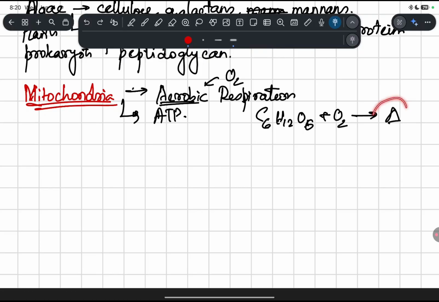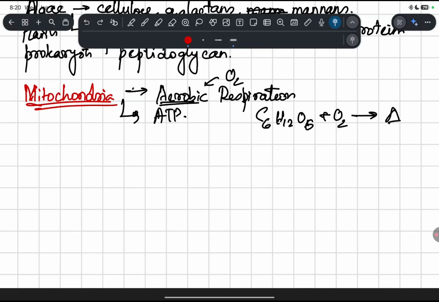Energy is produced, and lactic acid is also produced, and that is what produces those cramps in our body, or in our legs for that matter. So generally what people say is to pour lukewarm water, or to use hot bags.